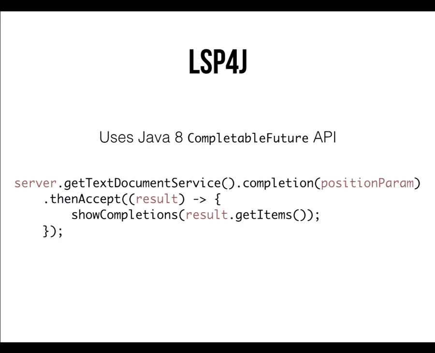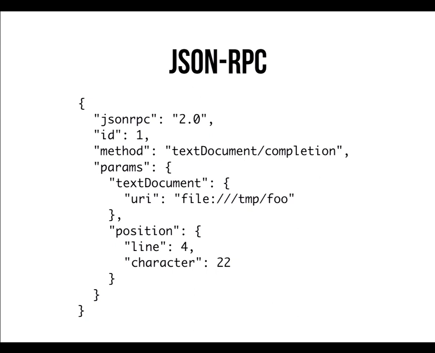Here we use an API derived from the Java 8 CompletableFuture, which gives us asynchronous message processing. This lambda is executed as soon as a result object is received from the remote side. When we have the result, we can display it in our client.